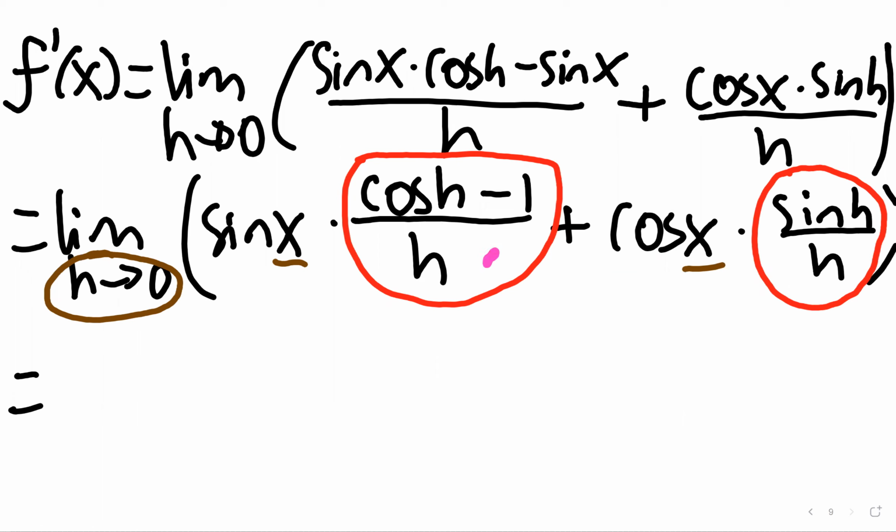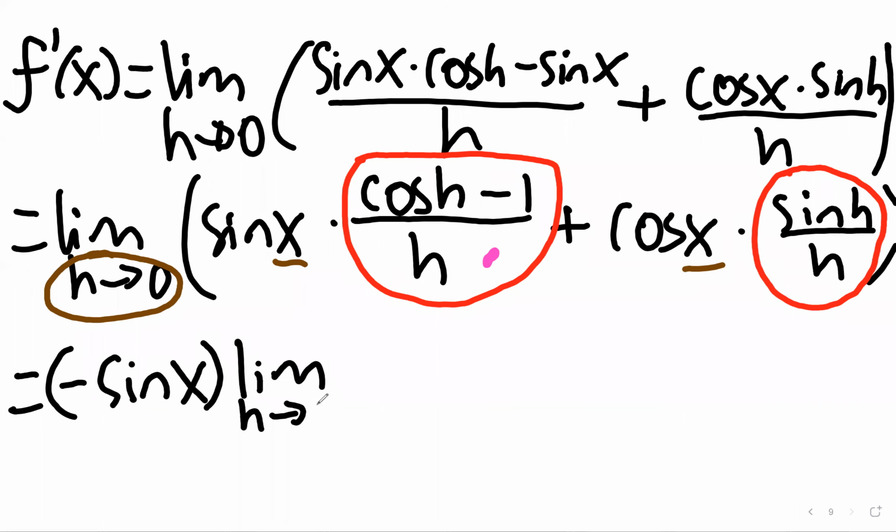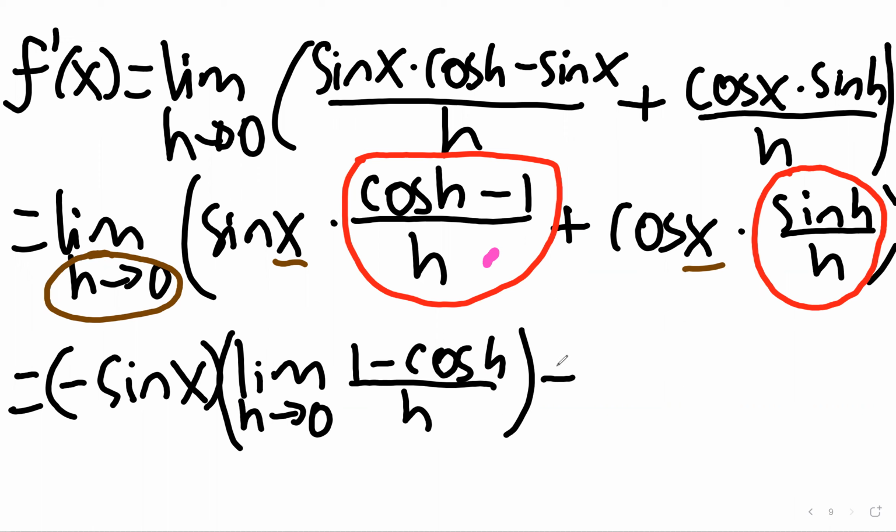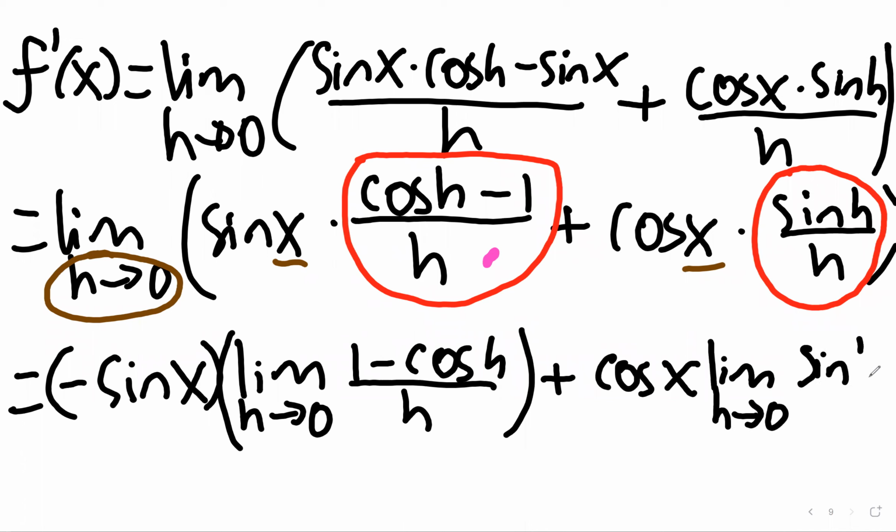So by the linearity of the limit, I will have minus sine x multiplied by the limit as h tends to 0 of 1 minus cosine of h, this term. And then I can pull cosine of x outside the limit, limit as h tends to 0 of sine h over h.